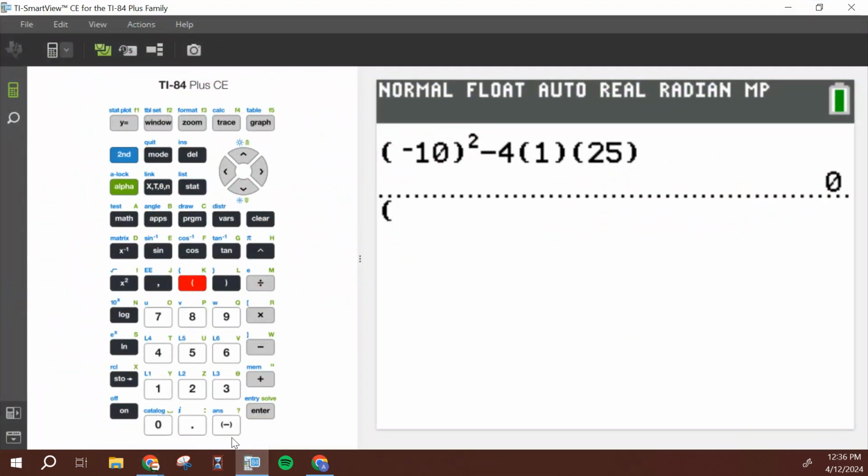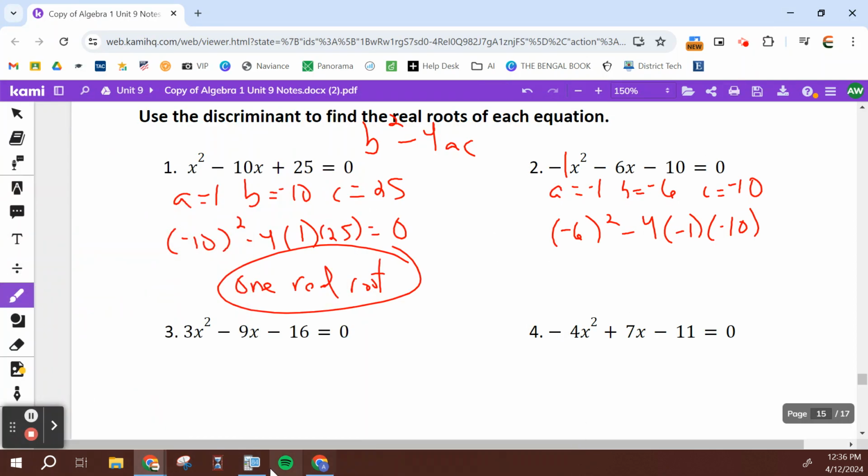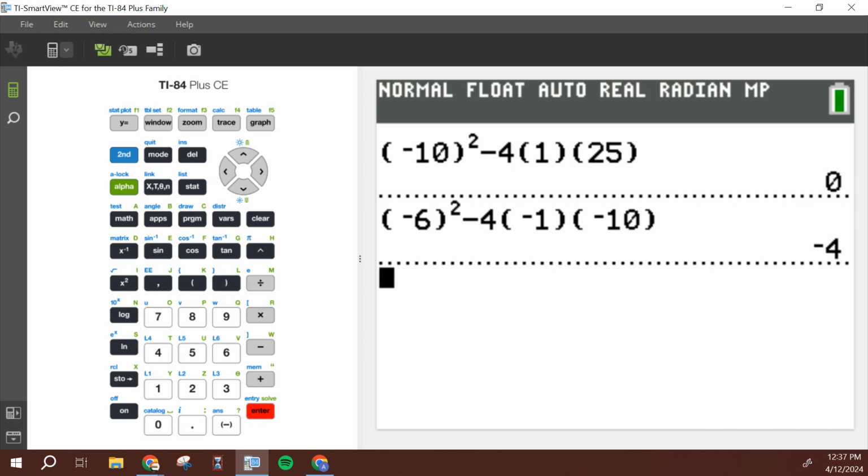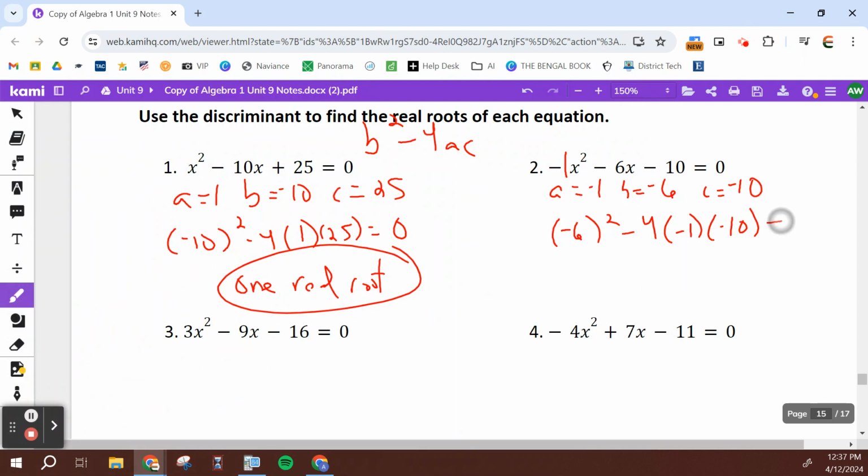So we have parentheses negative 6 squared minus 4 times parentheses negative 1, parentheses negative 10. There we go. We get negative 4. So because our answer is negative, that means we have no real roots. It's the same as saying like no solution. This graph would not cross the x-axis at all.